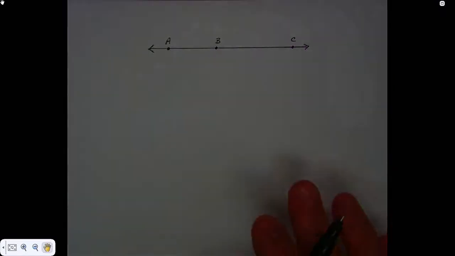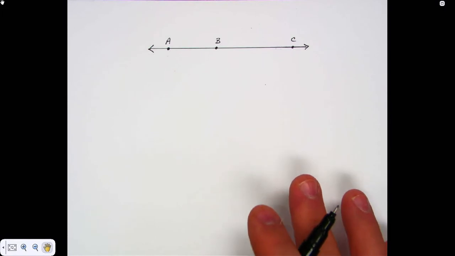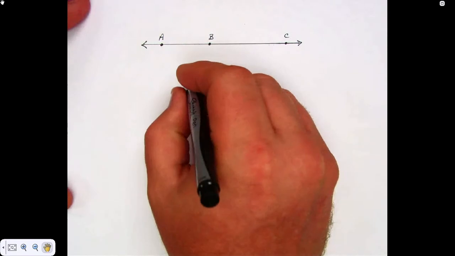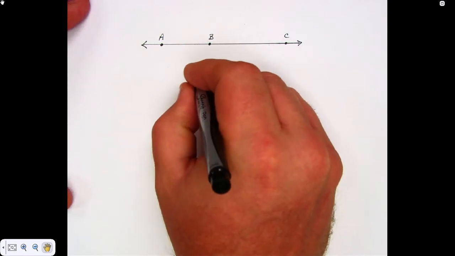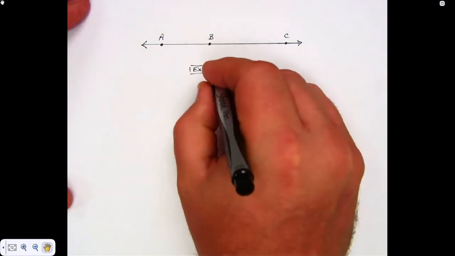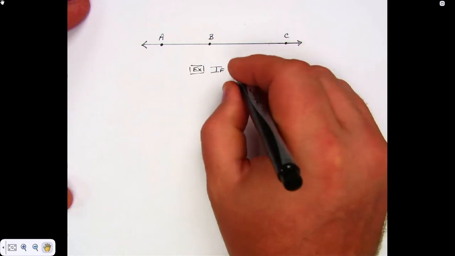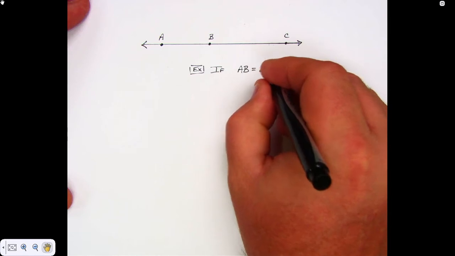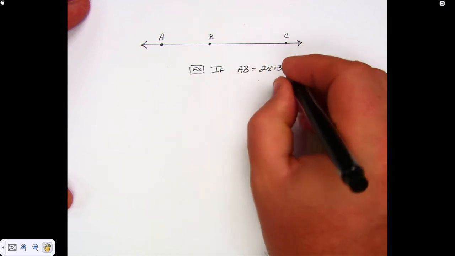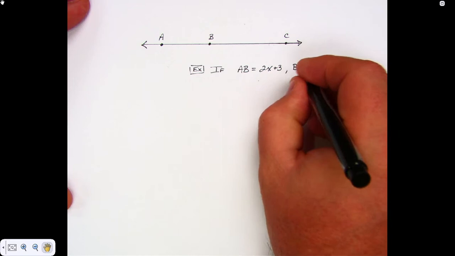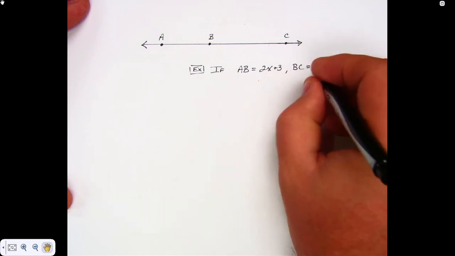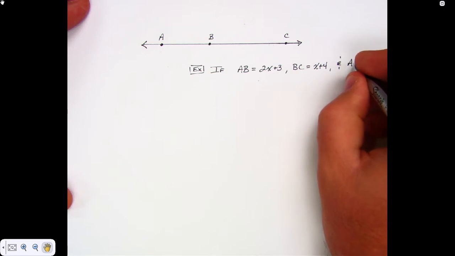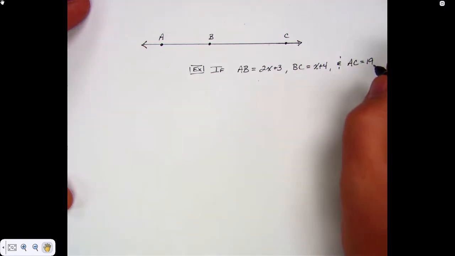Here's your question. Quiet, please. If AB is equal to 2x plus 3, BC is equal to x plus 4, and AC is equal to 19. Find x, AB, and AC.